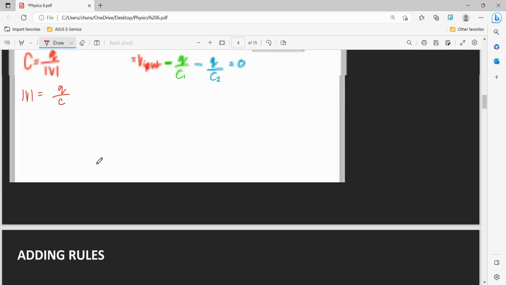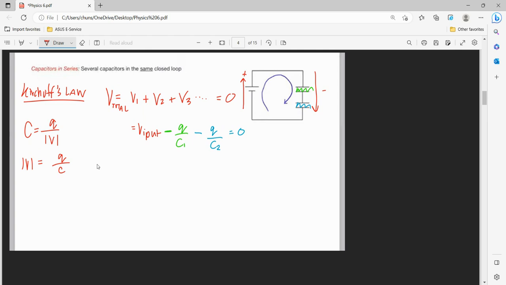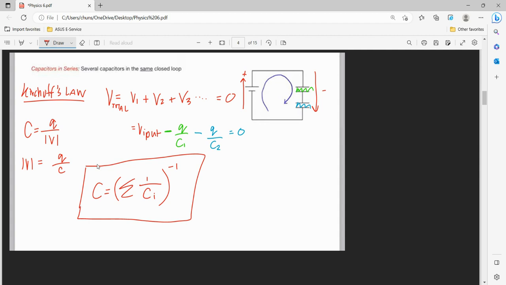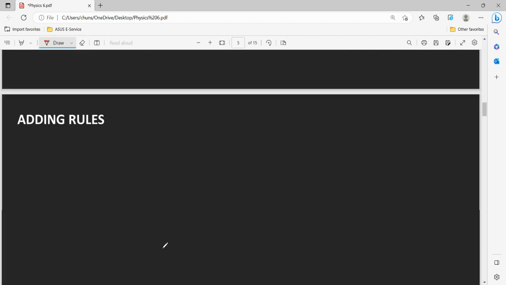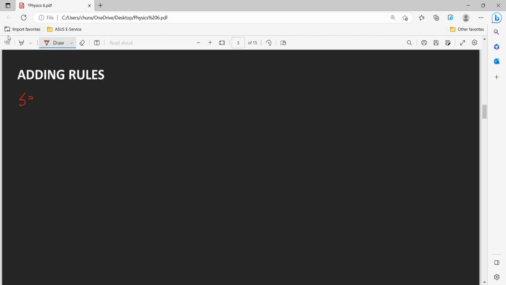So therefore, if you want the total capacitance of a circuit, you would have to do 1 over C and take this to the negative 1. That's our adding rule for capacitors in series.